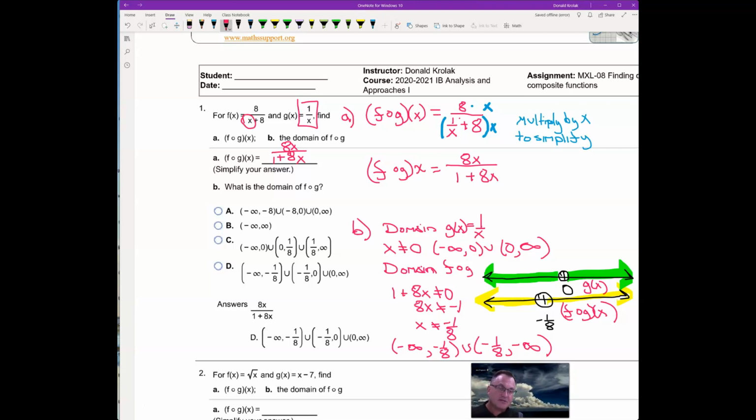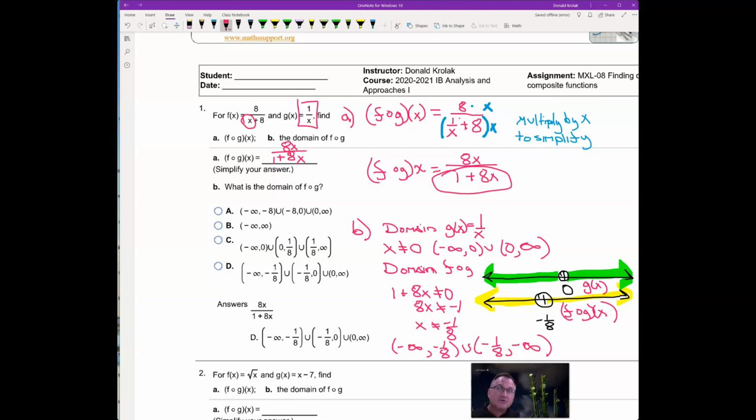Anything to the left or right of 0 works in g of x. Then I did the domain of the composite. Its denominator was 1 plus 8x, which is not allowed to equal 0. Solving that, I get negative 1/8. So x can be anything except negative 1/8, and I graphed that in yellow.